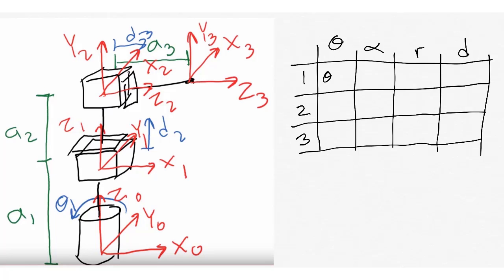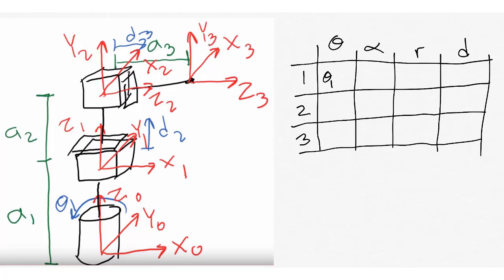So I'll write theta 1, since that has to be at least part of this parameter. Next, I'll take a look at the two x directions. x0 is pointing to the right, and x1 is also pointing to the right. So I don't need any additional rotation to get these two axes to match. So I'm done with theta for row 1.